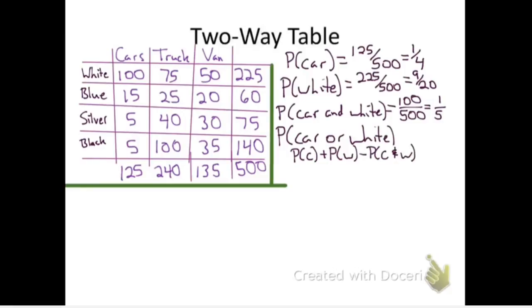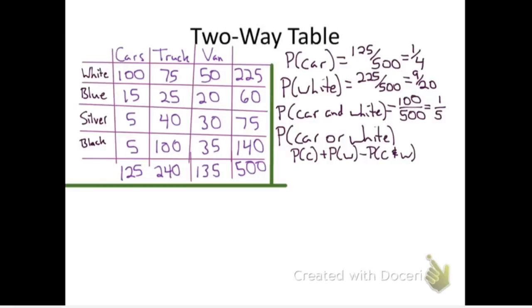And we can see this by looking here, because if I just took the cars column and added up these numbers, 100, 15, 5, and 5, I get the total for the cars. If I took the white, 100, 75, 50, and got 225, I double counted this 100. I don't want to do that. I actually just want each of these values once. So by subtracting the overlap, or that 100, it's going to give me an accurate value.